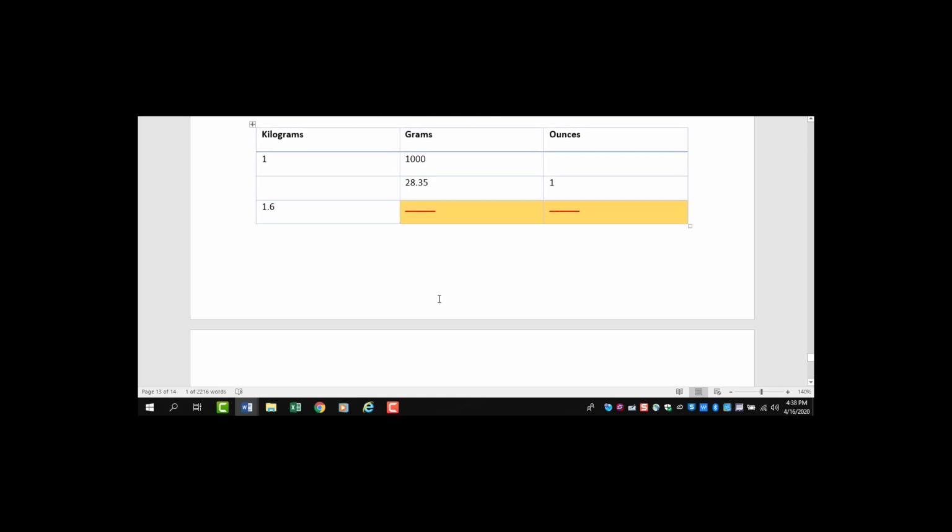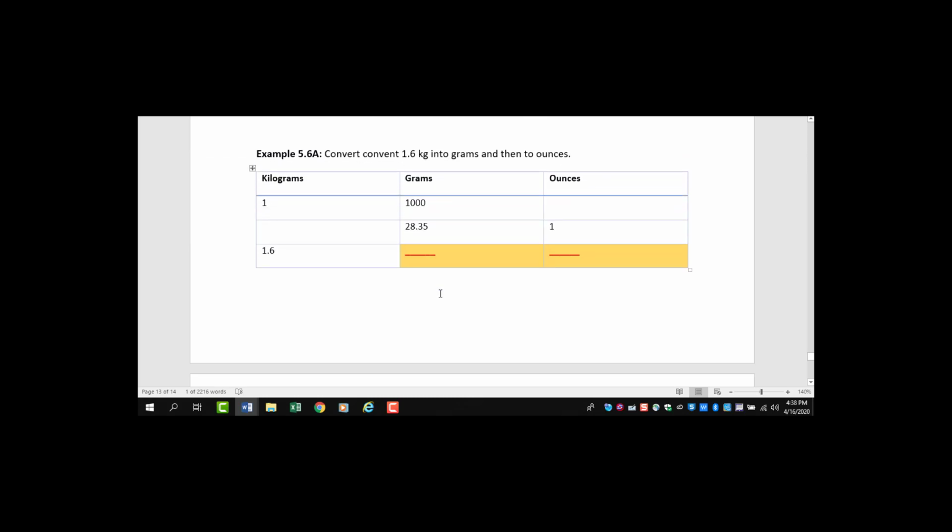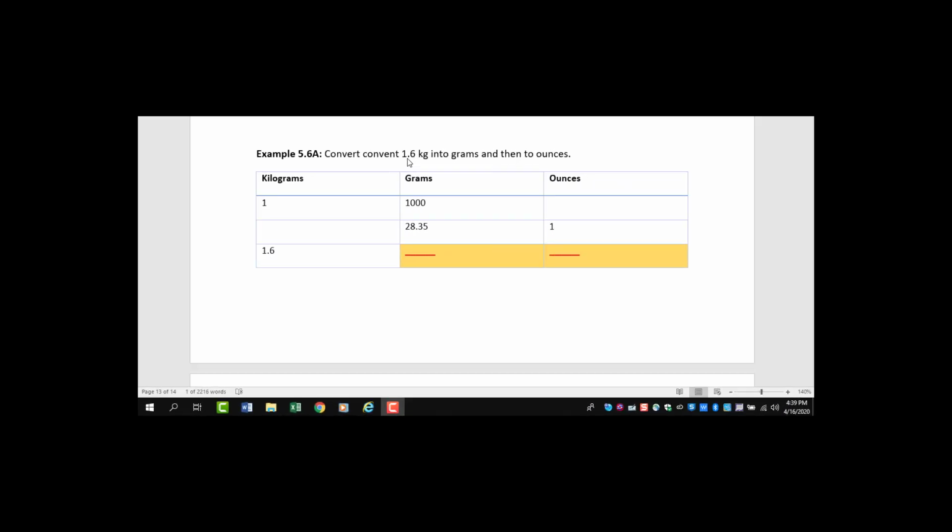And here is our last example for this section. I'm going to convert 1.6 kilograms into grams, and then into ounces. How do I go from kilograms to grams? I multiply by 1,000, which moves the decimal 3 places.